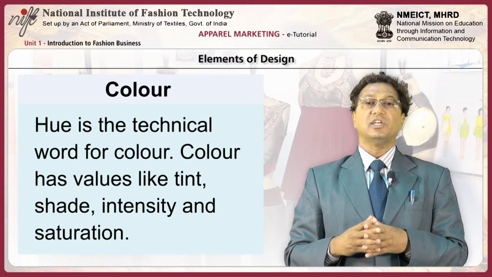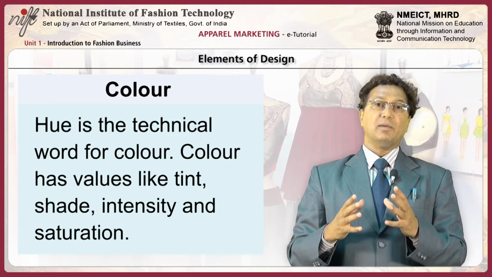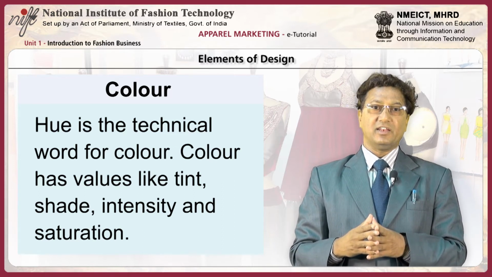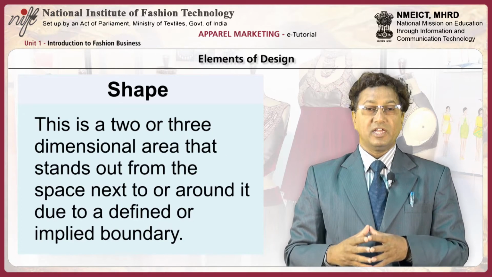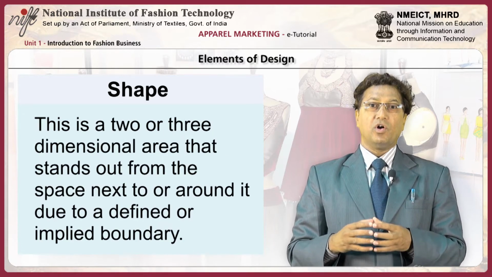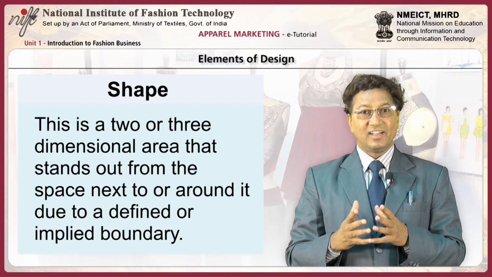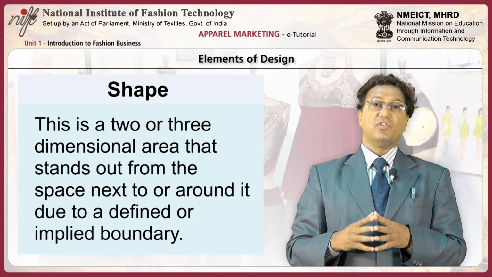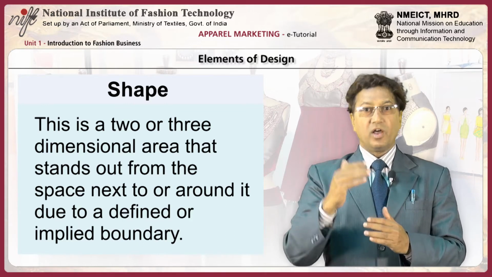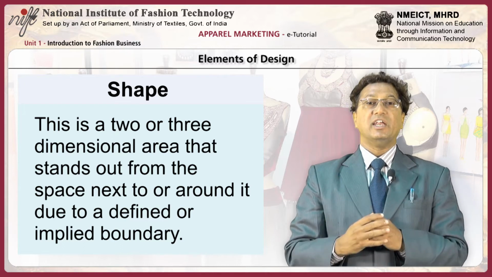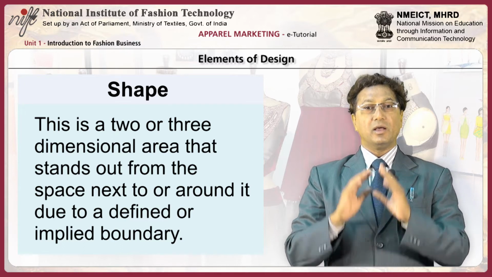These form the color. These are a must in elements of design. Then comes the shape. Shape is a 2 or 3-dimensional area that stands out from the space next to or around it due to a defined or implied boundary.